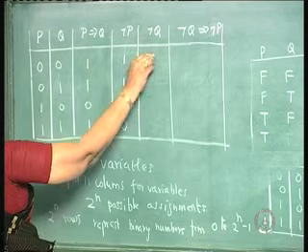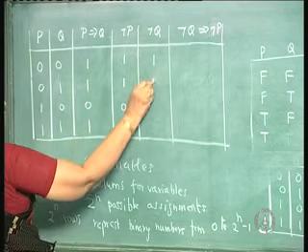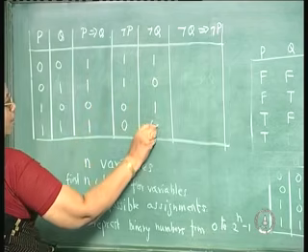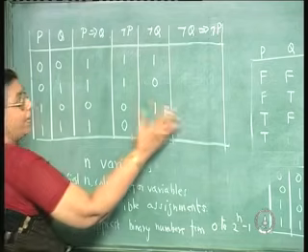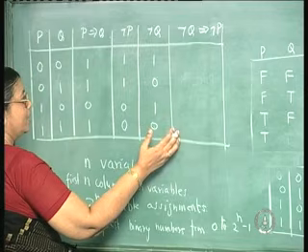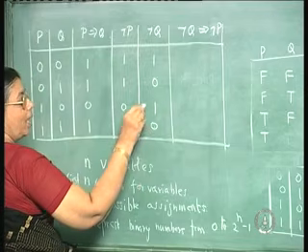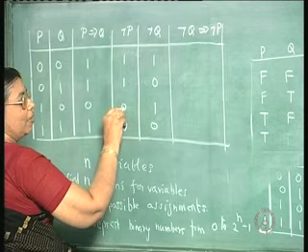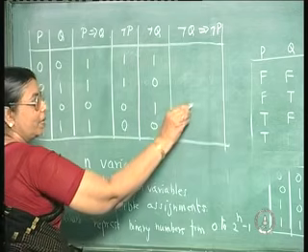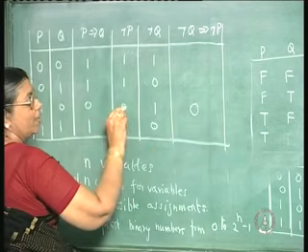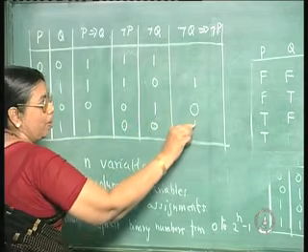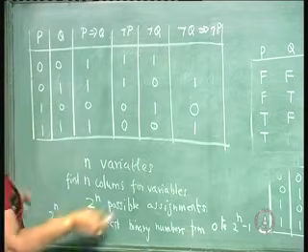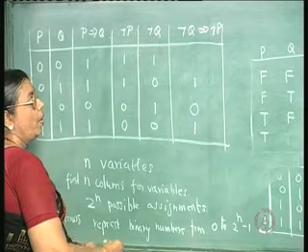If Q is false, this will be true, if Q is true, this will be false. And when is the implication false? When the premise is true and the conclusion is false. So, in this case it will be false, 1 and 0. If the premise is false, the resulting implication will be true.